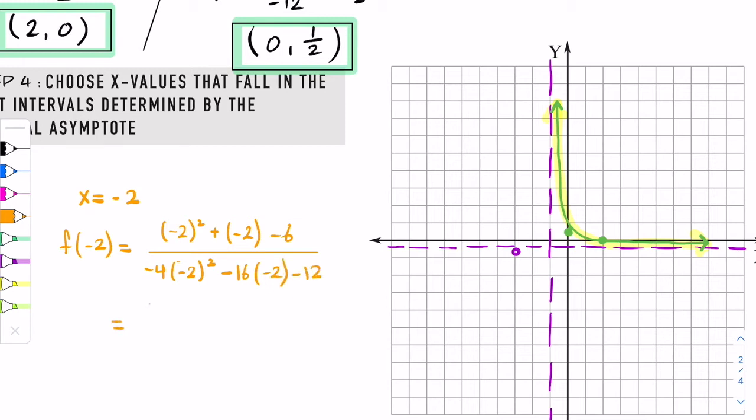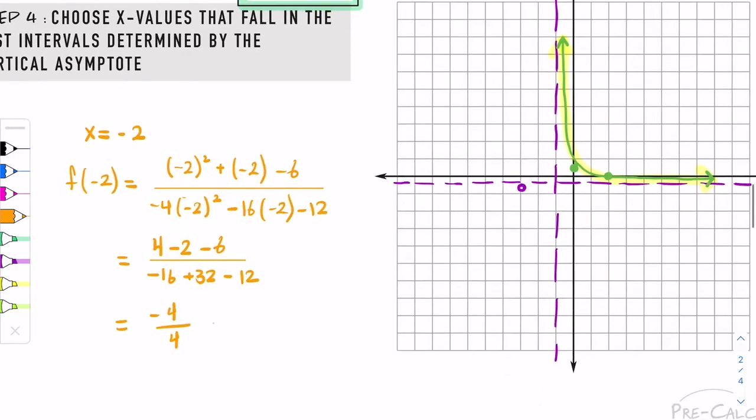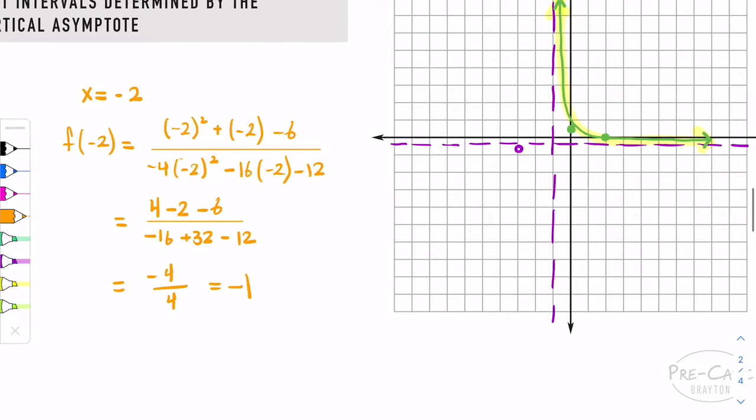Our numerator simplifies to 4 minus 2 minus 6, divided by -16 minus 30, plus 32 minus 12. This simplifies again to -4 over 4, which is -1. That indicates that we have a point at x equals -2, y equals -1.